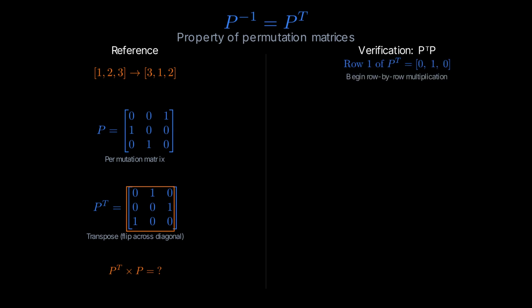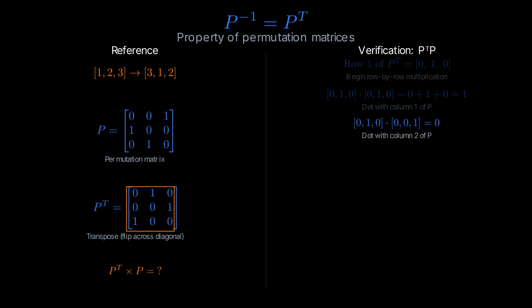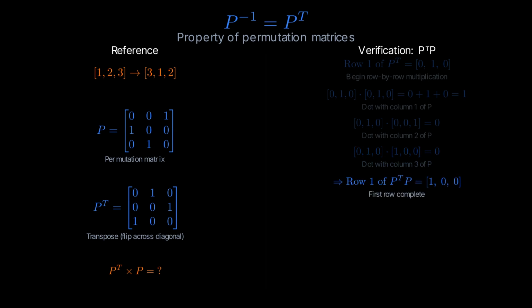Take row 1 of P transpose, which is 0, 1, 0, and dot it with each column of P. Dotting with column 1, which is 0, 1, 0, gives 0 times 0 plus 1 times 1 plus 0 times 0, which equals 1. Dotting with column 2, which is 0, 0, 1, gives 0. Dotting with column 3, which is 1, 0, 0, gives 0. So the first row of the product is 1, 0, 0.